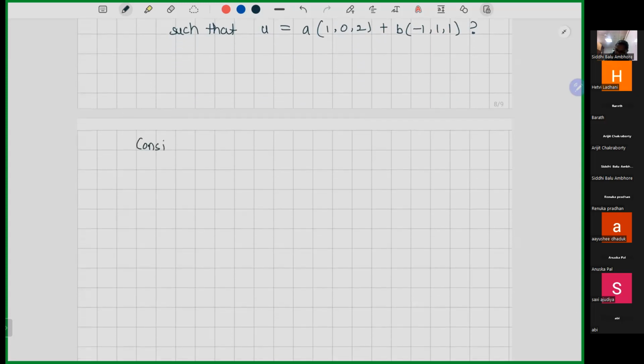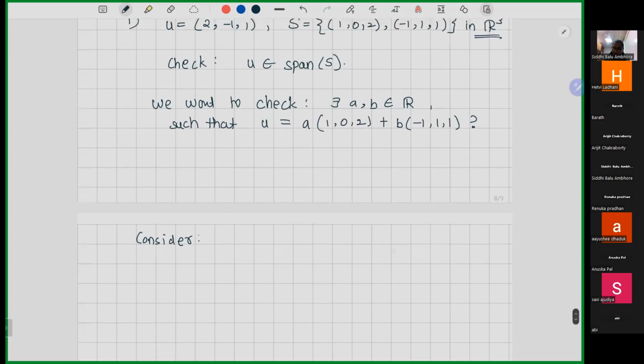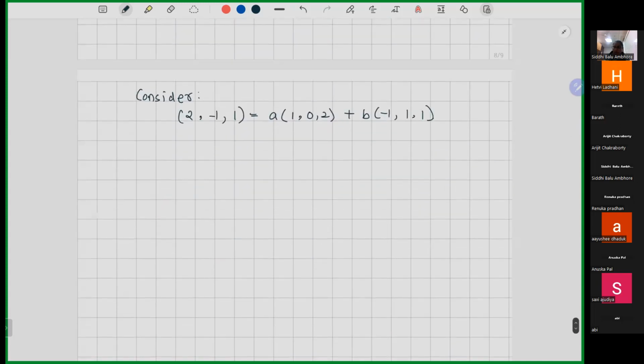Consider u is 2 minus 1 1, and we want to check whether a and b exist or not. So let us write this clearly: minus 1 1 and 1. Okay, so what does this mean? Just simplifying everything, a comma 0 comma 2a plus minus b comma b comma b, and what does this give me?